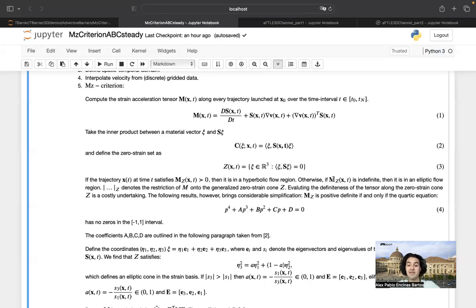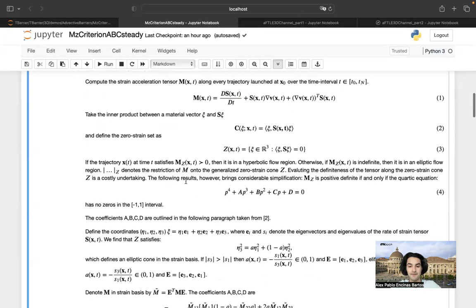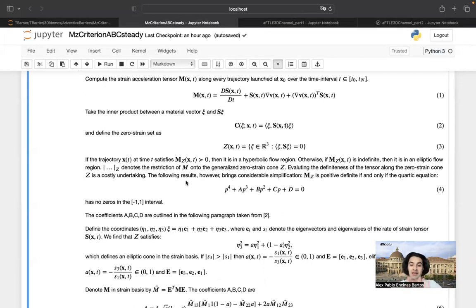Otherwise, if the restriction of the strain acceleration tensor to the zero strain set is indefinite, then it is in an elliptic flow region. So hence we distinguish between elliptic and hyperbolic flow regions in this case. Again, I repeat, it's important that we consider the restriction to the zero strain set, not the positive or indefiniteness of the strain acceleration tensor in general, but just restricted to the cone, so basically to the zero strain set.